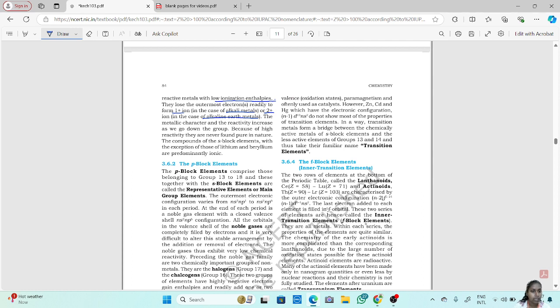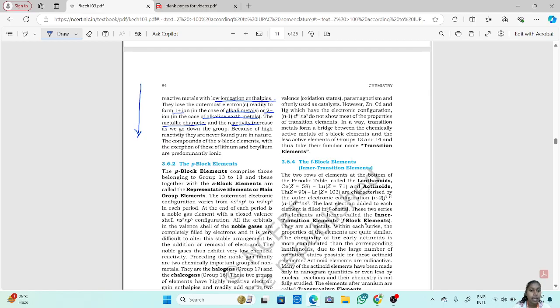Once they give out their electrons, they will become +1 or +2 ions. Now the metallic character and the reactivity increase as we go down the group.